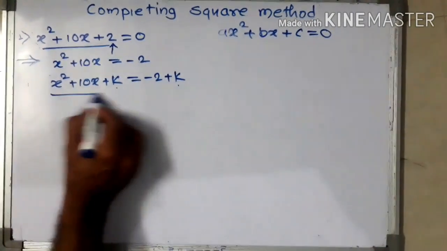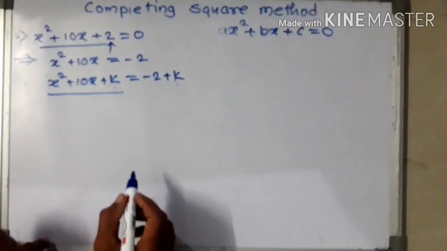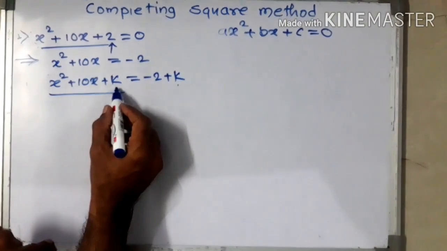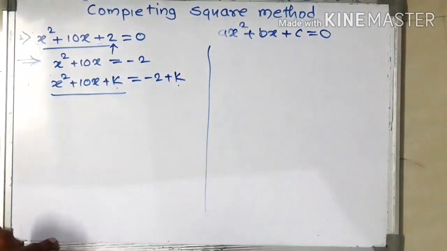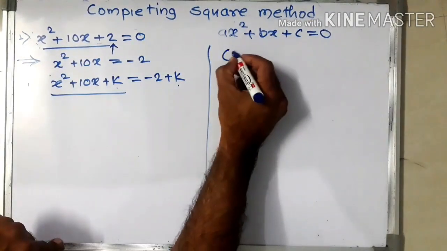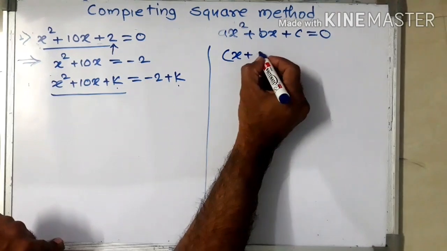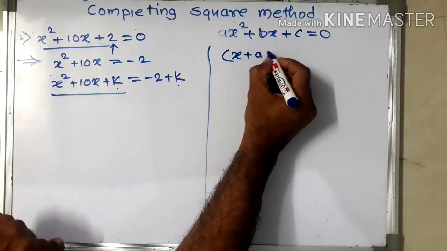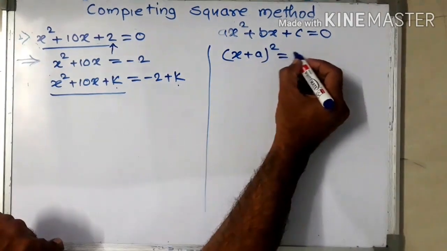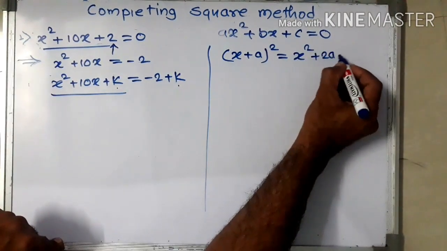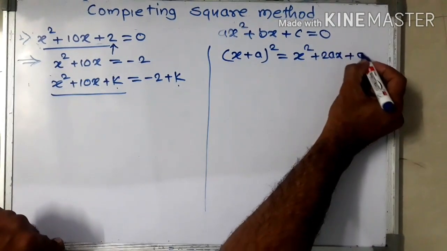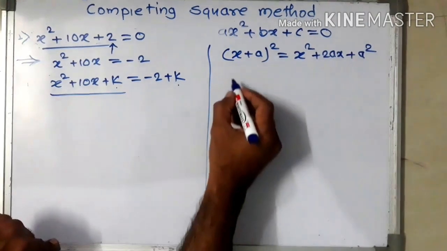Now we have to find the value of k by comparing the polynomial with a square polynomial. There are identities of square polynomials. We know that (x plus a) whole square, the expansion of that square polynomial, is x square plus 2ax plus a square. This is an identity.